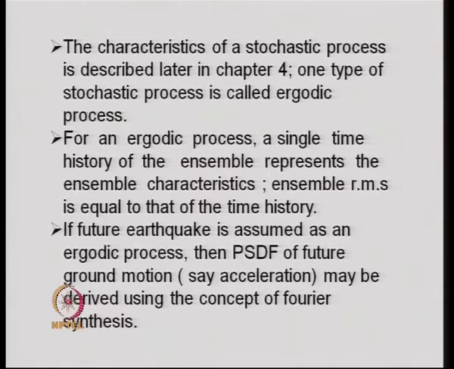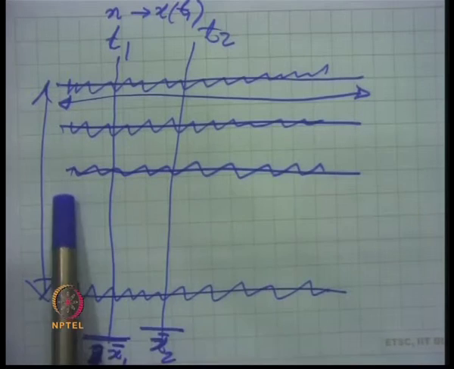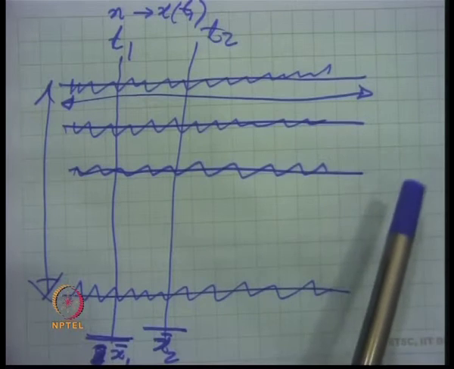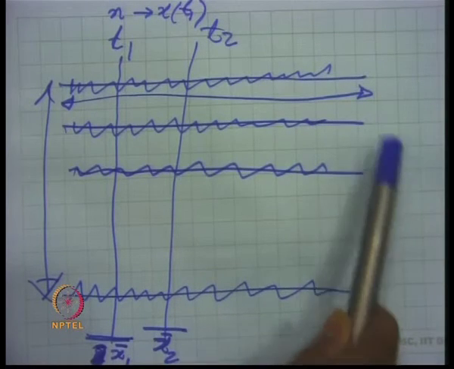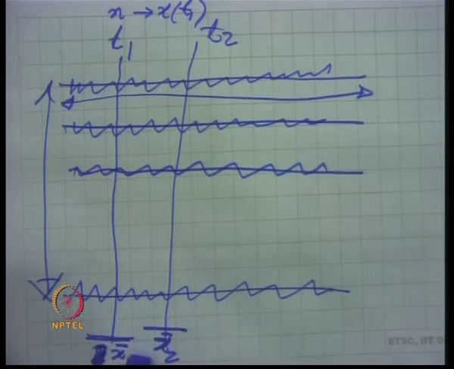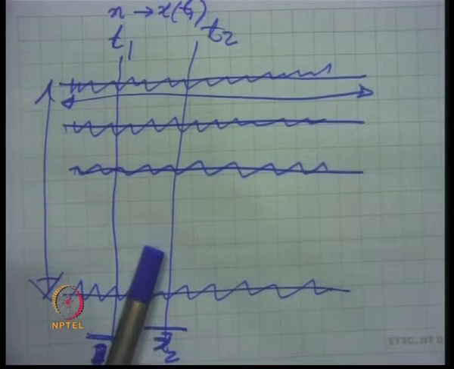Now, ergodicity means that if I take a single sample out of the entire ensemble, then this single sample has a mean square value along the time axis t. So, if this mean square value is the same for all the samples and is equal to the ensemble mean square value, then we call the process an ergodic process.